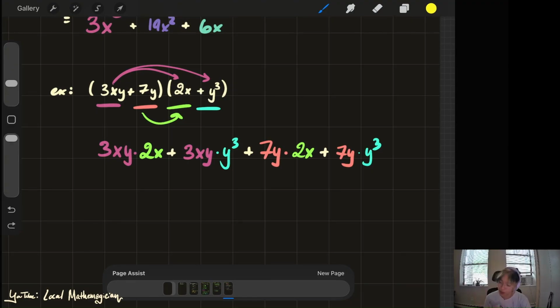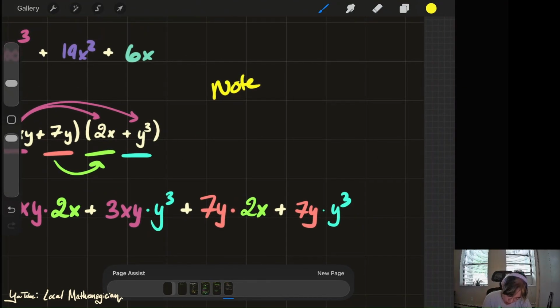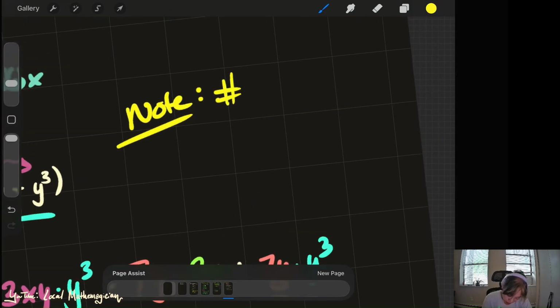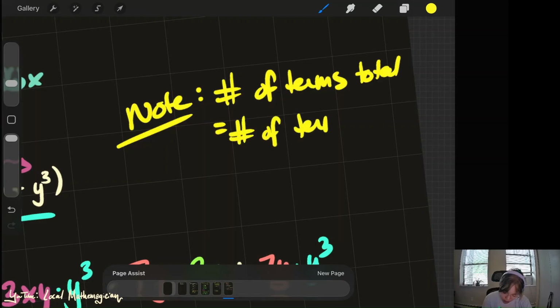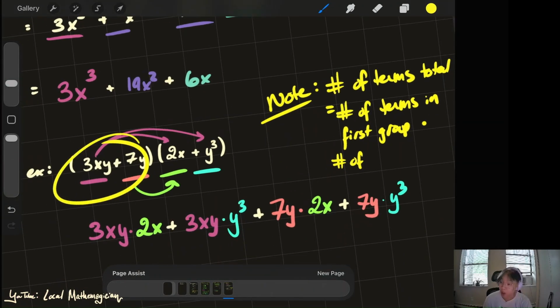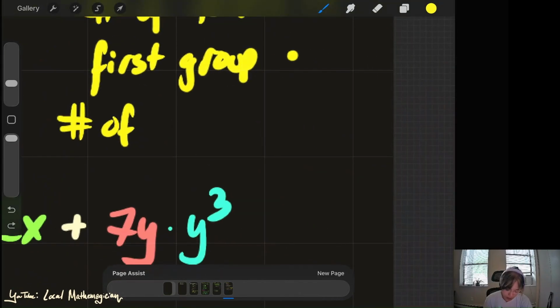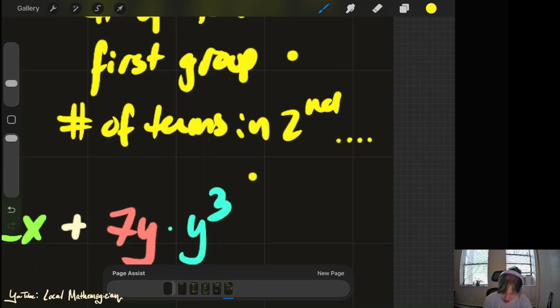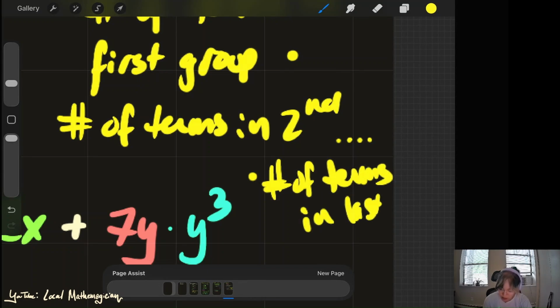As a little tidbit, if you follow this process, and you're not combining as you go, you should end up with number of terms total equal to number of terms in first group times number of terms in second group, times number of terms in the last group, and by groups I mean a set in parentheses, okay?